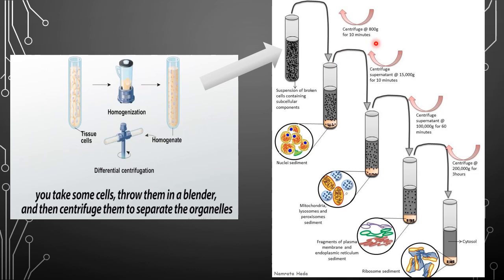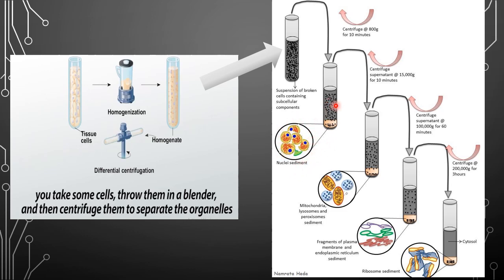If we put this tube in a centrifuge at 800 g for 10 minutes, we will have a pellet and a supernatant. The pellet will contain mainly the nuclei, because they are the heaviest and we can separate them first using this timing in the centrifuge. Then we can take our pellet and work on our nuclei.